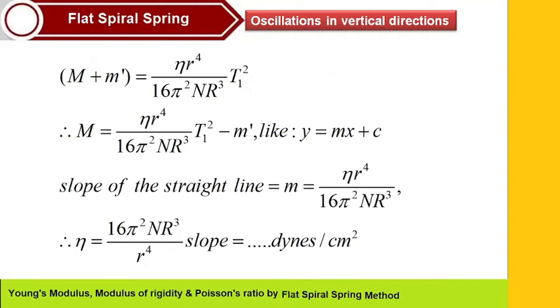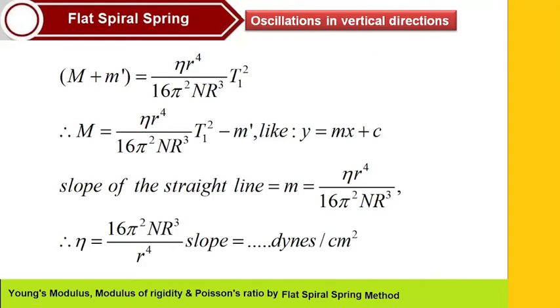Capital M plus m dash is equal to eta small r raised to 4 divided by 16 pi square capital N capital R cube into T1 square. Therefore from above, capital M is equal to eta r raised to 4 divided by 16 pi square capital N R cube into T1 square, minus m dash.